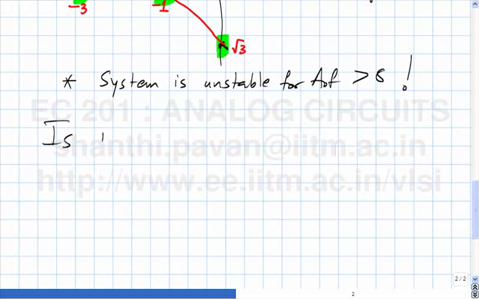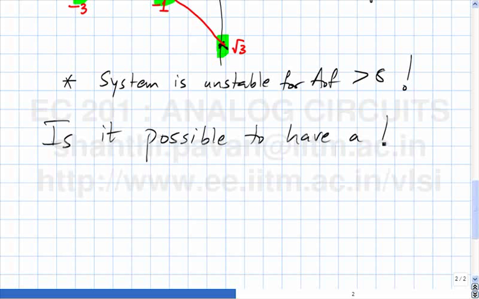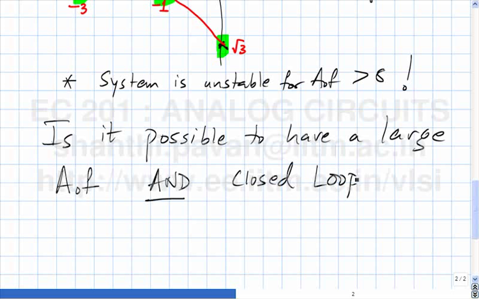So the question is, is it possible to have a large A0F and closed loop stability?